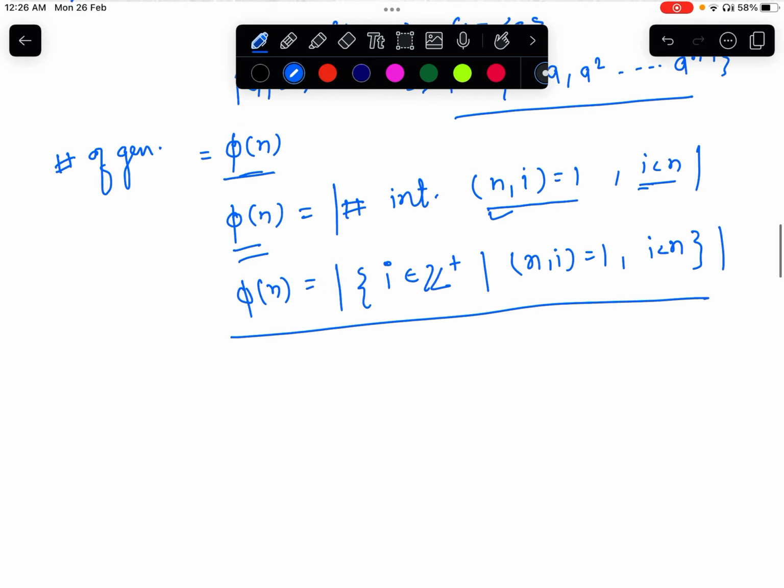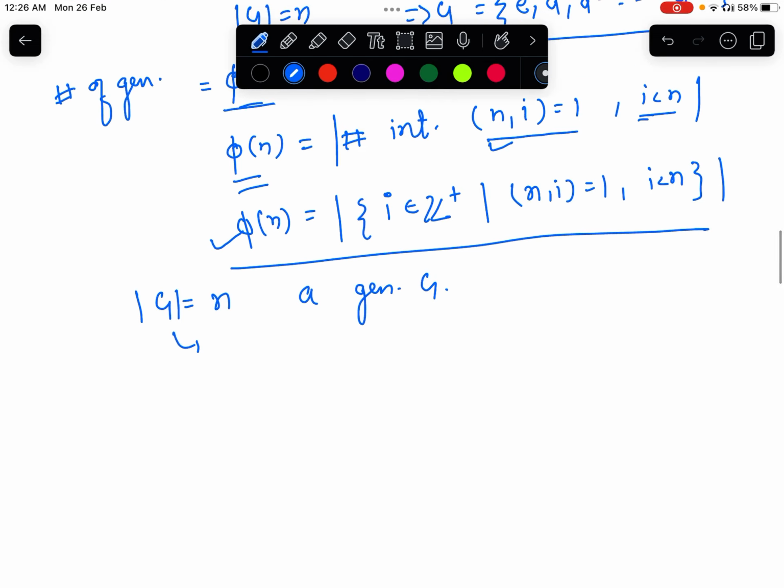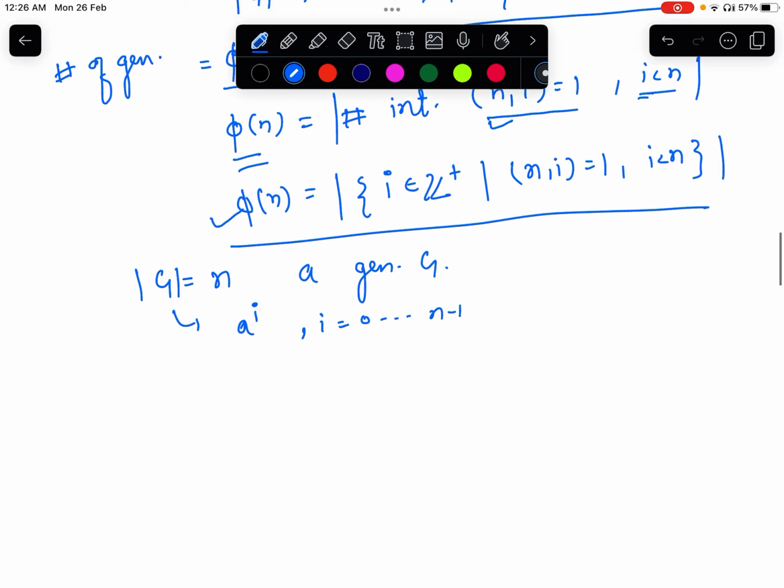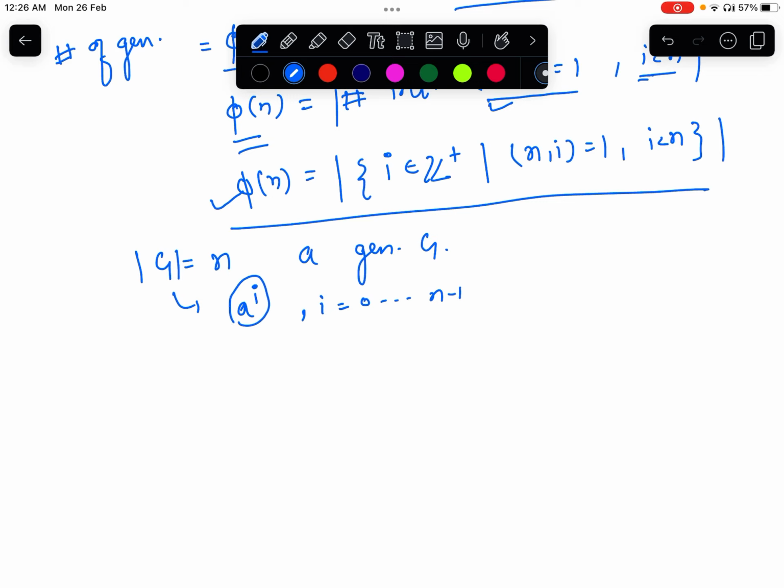Now we need to prove that this is the number of generators of G. G is a cyclic group of order n, and a is a generator of G, and other elements of G are of the form a to the power I, where I varies from 0 to n minus 1. So what are other a^I which become generators of G? If order of a^I is equal to n, that is order of G, then a^I also will become a generator.